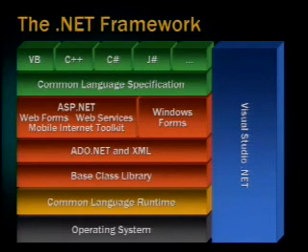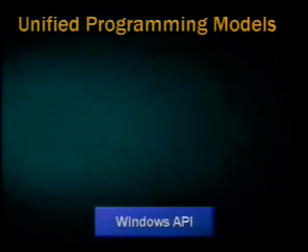So let's take a closer look at how we built this and what were some of the key drivers in creating the framework and Visual Studio. I talked about how up until now we have had too many different programming models. And the way to think about this problem is really, again, to take a historical perspective and look back at how we used to write Windows applications.